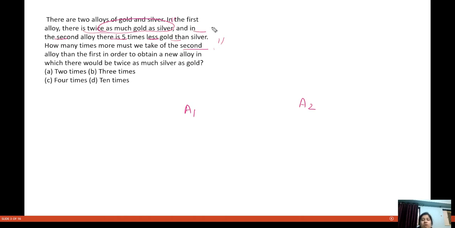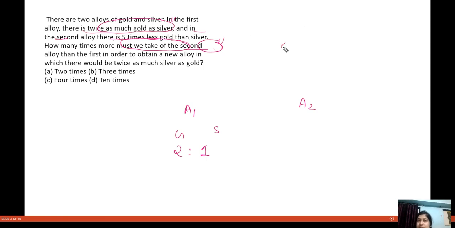Okay, so in the first alloy it is saying there is twice as much gold as silver. So you have silver and gold, okay, and they are in the quantity of 2 is to 1. Okay, because there is twice as much gold as silver. And in the second alloy there is 5 times less gold than silver. Fine.